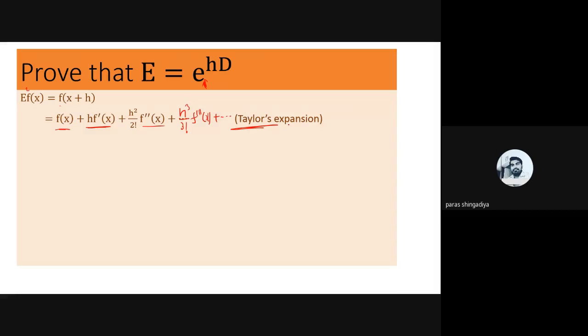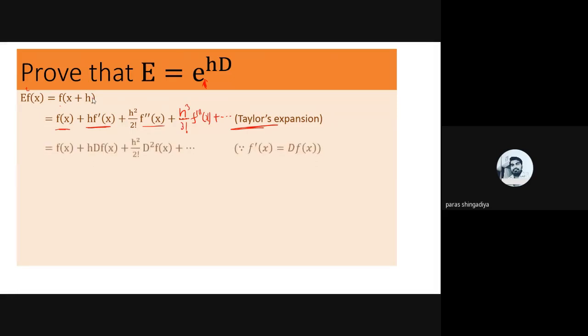Okay, it is a Taylor series expansion of the function f of x plus h. This is required to define the exponential form. It is a simple Taylor series form of f of x plus h.